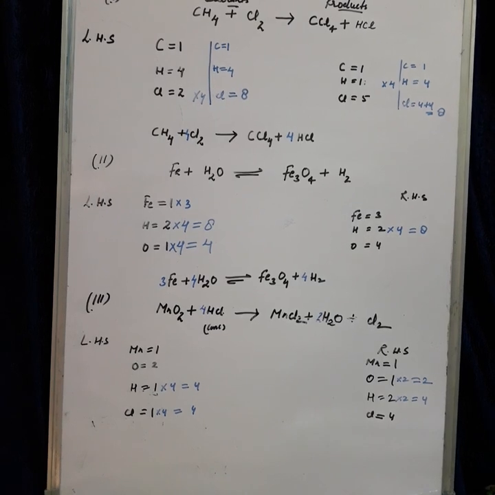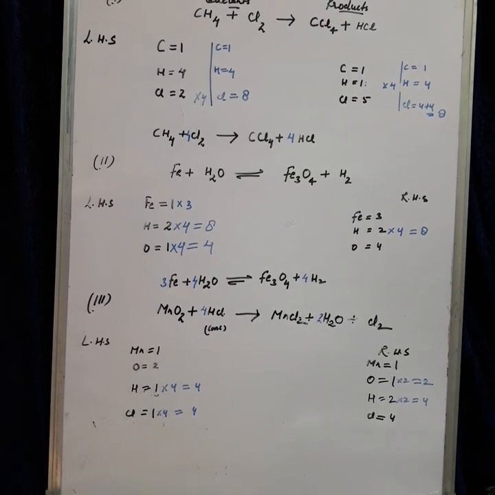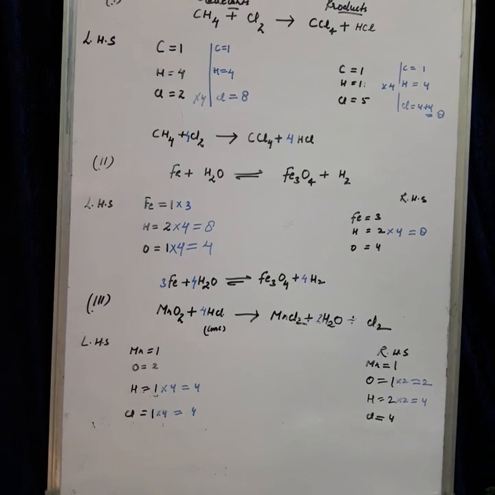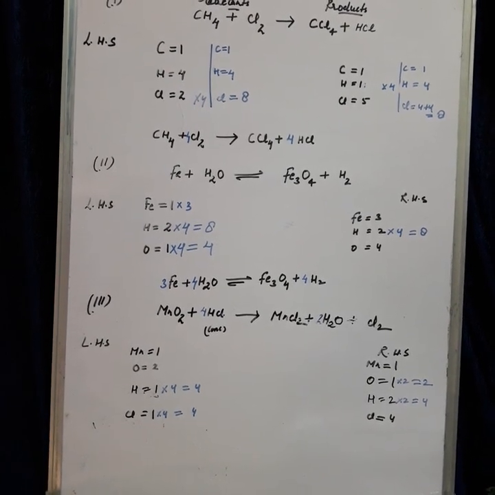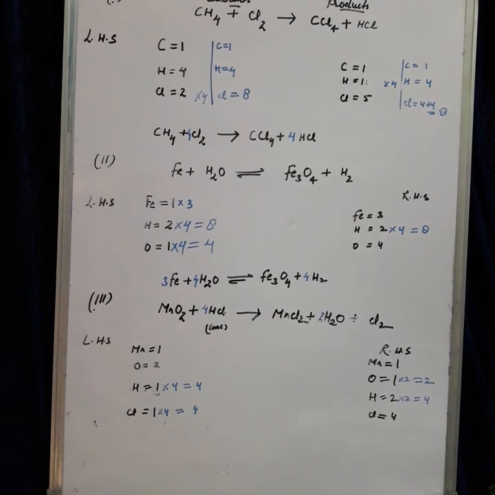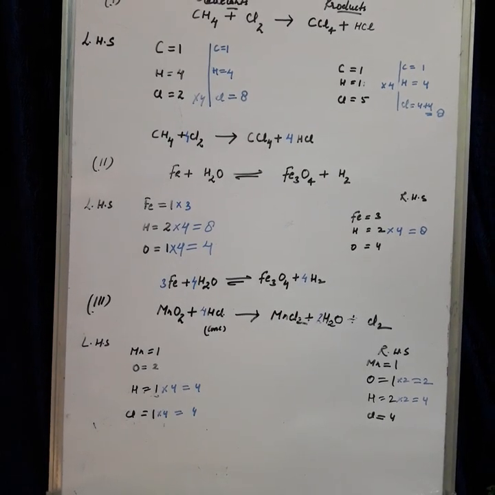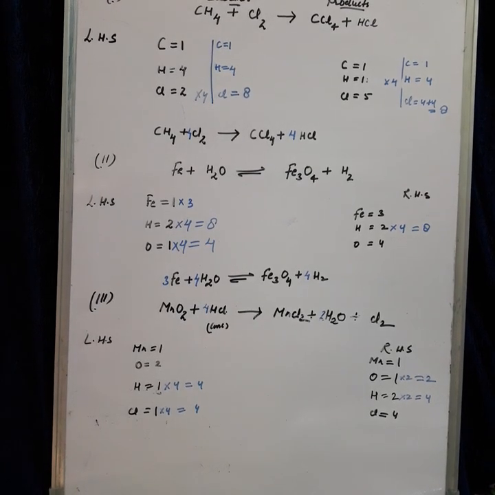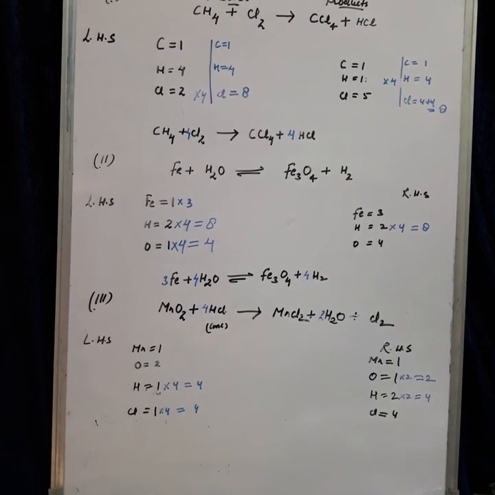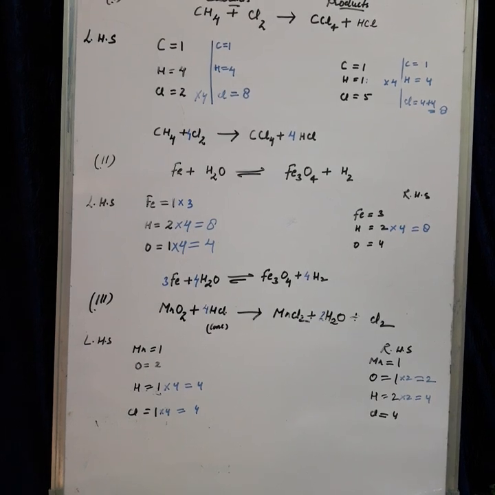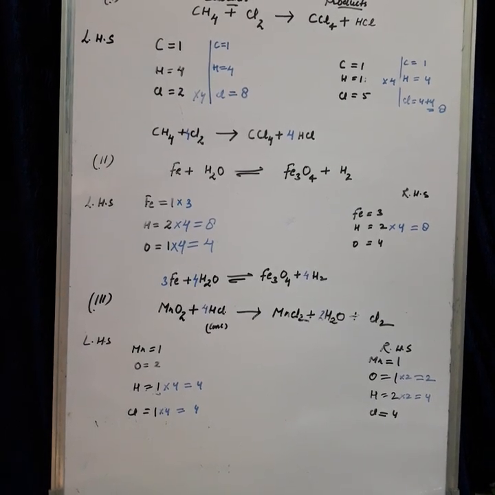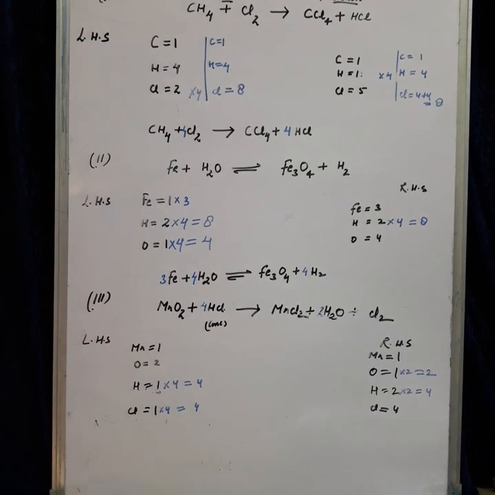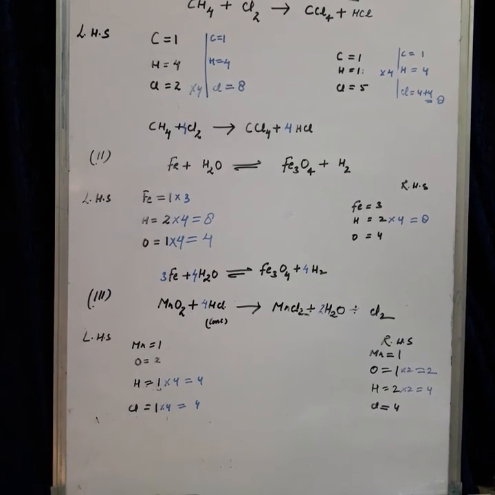But by putting coefficient 4 before HCl, we not only increase the number of hydrogen but also that of chlorine. Now the number of chlorine atoms on the product side is 8, while on the reactant side it is 2 only. So multiply chlorine by 4 on the left hand side. Okay, now count the number of each kind of atom.